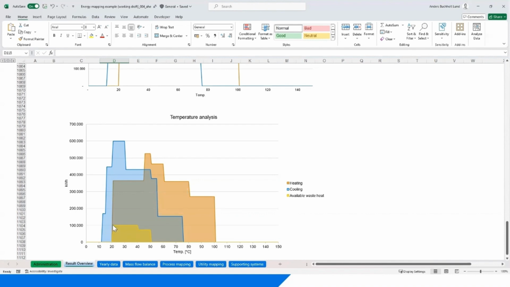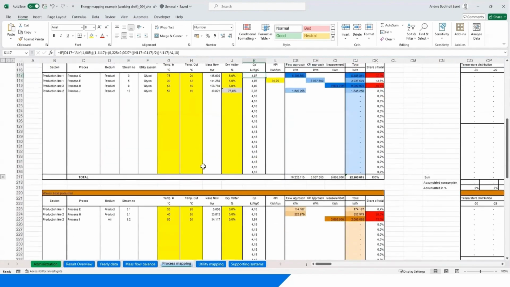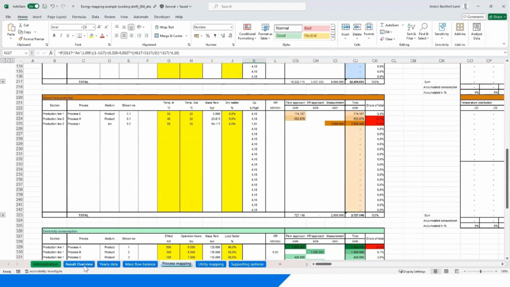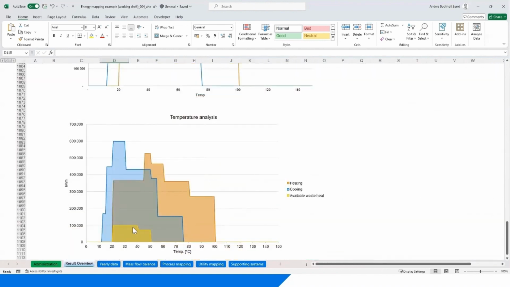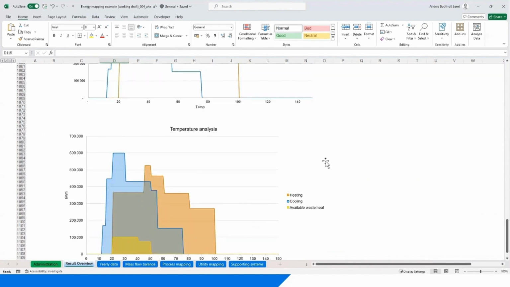And the yellow one we have here is available waste heat that we entered in the process mapping here. That can then be used directly for heating of any processes throughout the site.